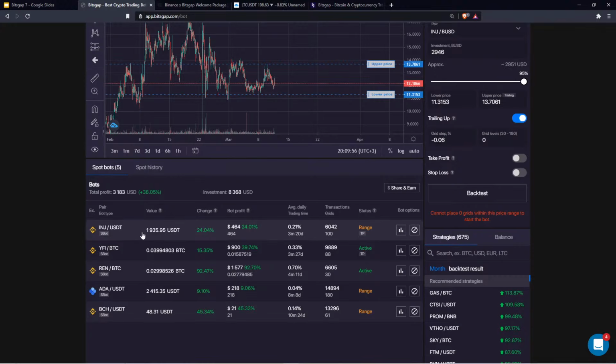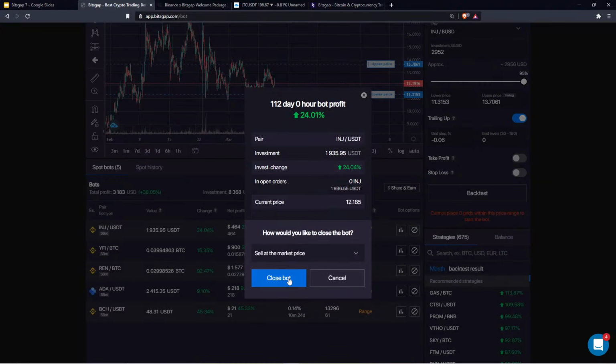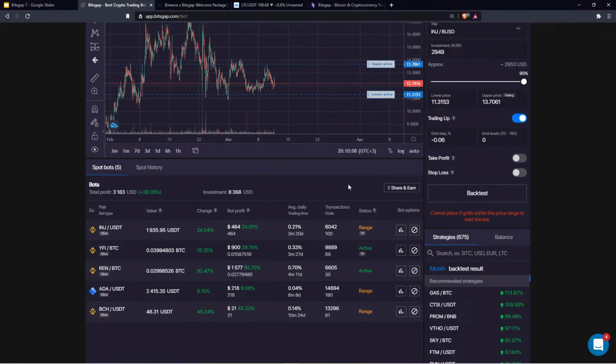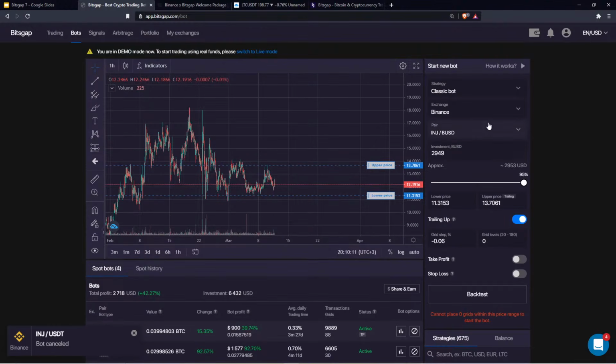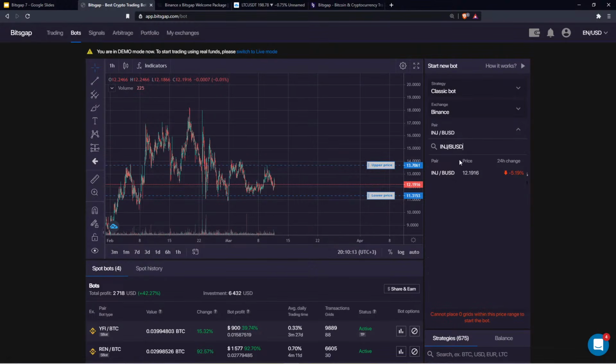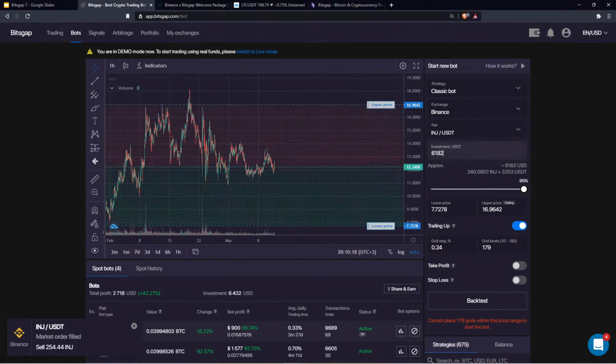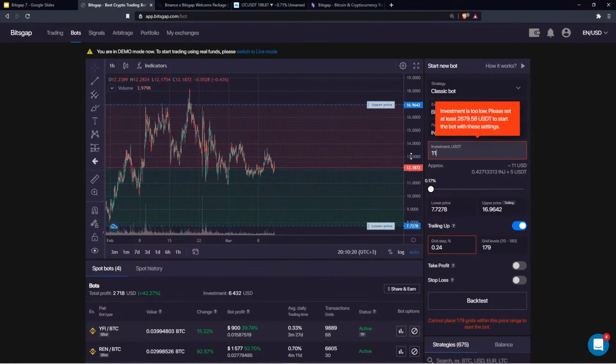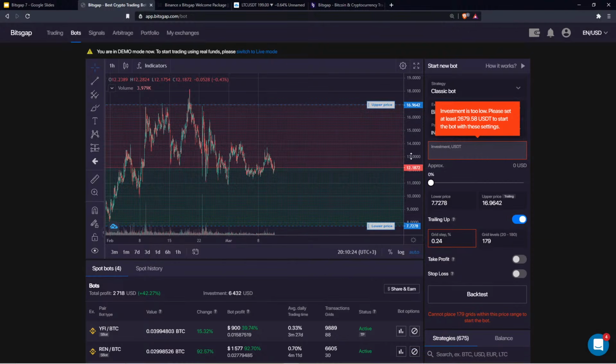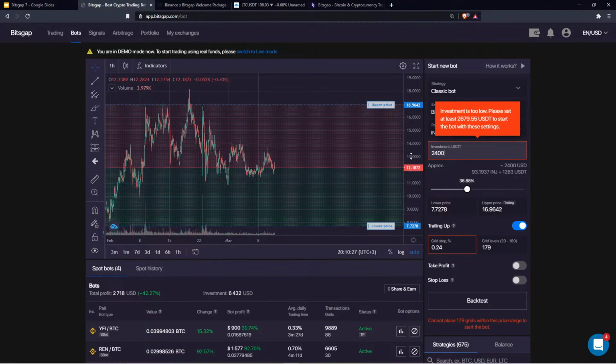configuration. So let's say I'm no longer satisfied with my 1,900 investment. What I can do is close it. Let's actually close it. Bye-bye. And I can launch this bot with other metrics. It was 1,900, but now let's say I want to increase.